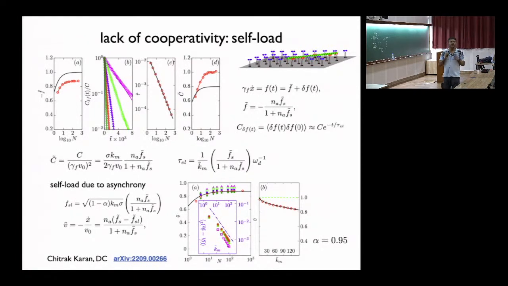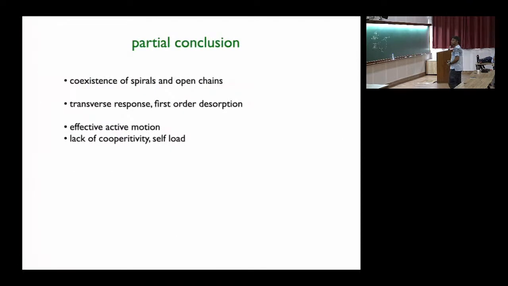So that's 95% cooperative, or moving together, and only 5% of the cases they are not moving together. That itself generates a competition and a self load, and that value of self load can describe this behavior. And the nice thing is that again for this we have a closed form expression. Okay, so I'll stop with this partial conclusion.